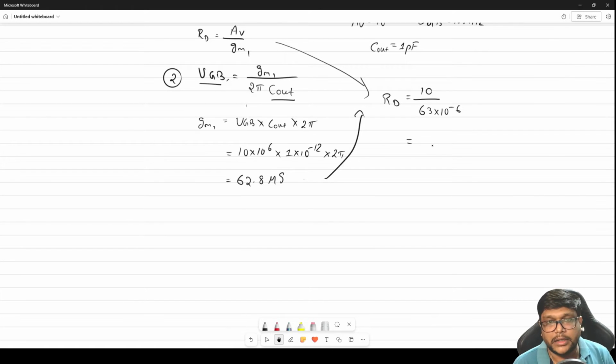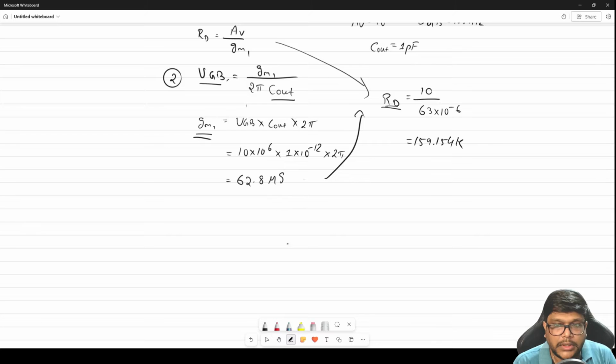If we calculate that one, we'll get a value of 159.154 K. Okay, so we need this much resistance and this much gm1.